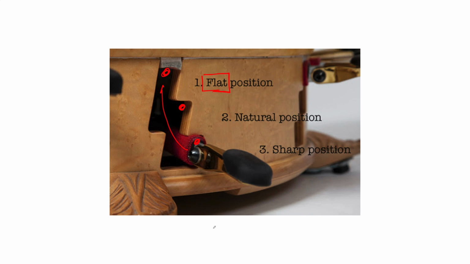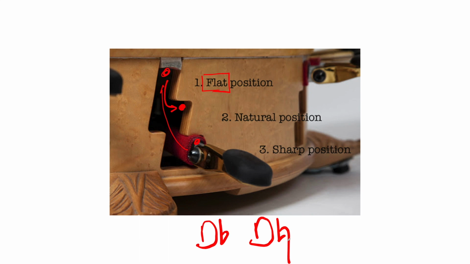Let's say this is our D pedal. In the first position, all these in the harp will be D flat. That means we will not have any D naturals or any D sharps. If we change the position of the pedal from the first position to the second position, then all these in the harp will be D natural.